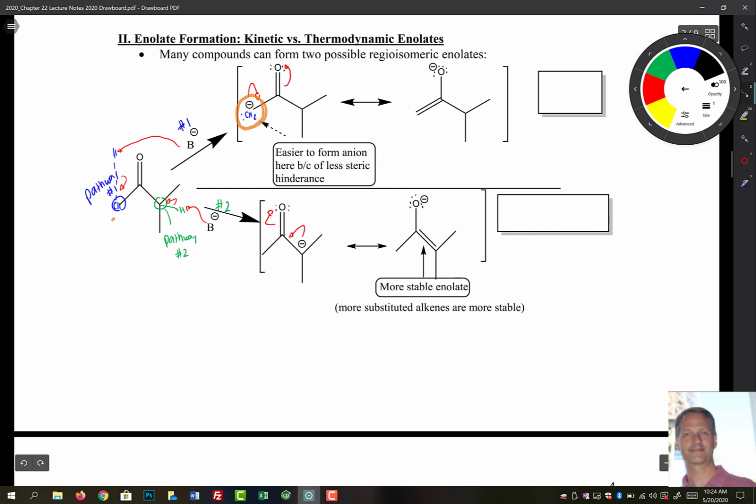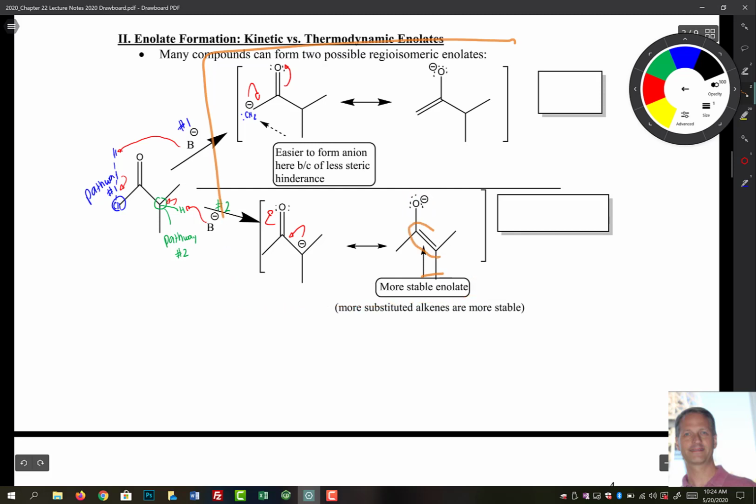You can imagine that this position down here is more sterically hindered, so it's a little bit slower to respond. But what we get here is a set of resonance structures in which, when we look at all 4 of these resonance structures, this is the most stable enolate. Negative charge on oxygen, that's a good thing.